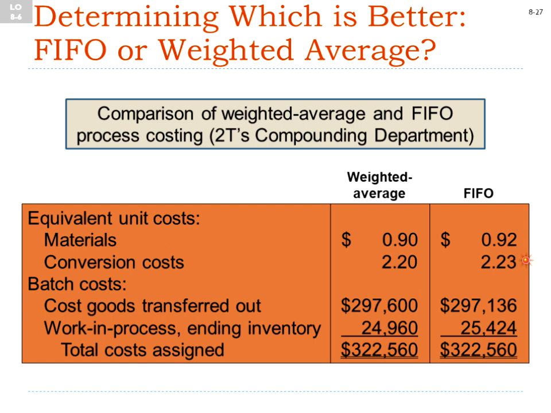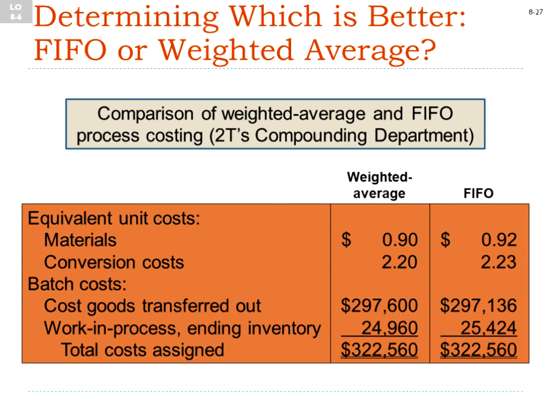When you're extrapolating these numbers, your cost of goods transferred out for the weighted average method is $297,600, whereas in FIFO it gives you a little bit smaller number, $297,136. So weighted average is higher, but then the work in process is a little bit lower. It's $24,960 as compared to $25,424.